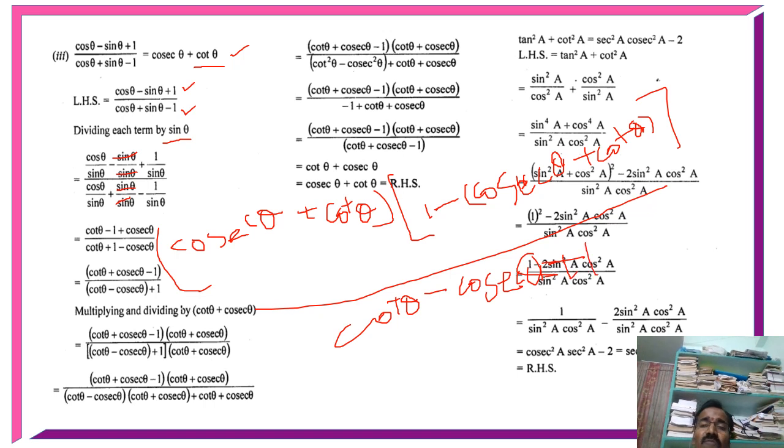If you observe, these two are the same, so they get cancelled. What is left over is cosecant theta plus cot theta, the RHS.